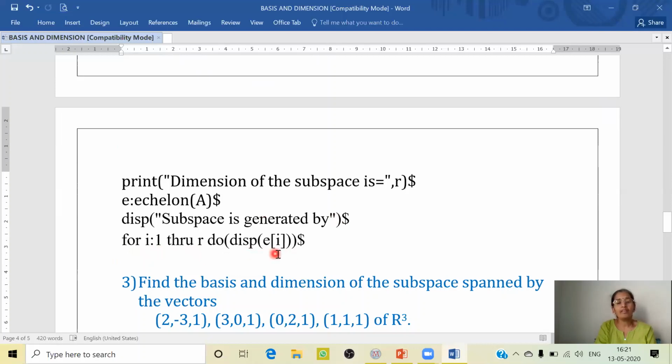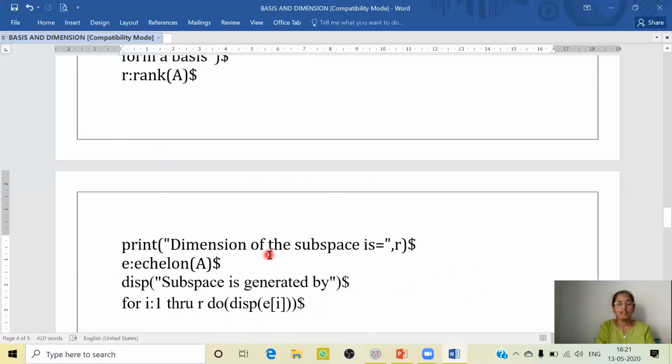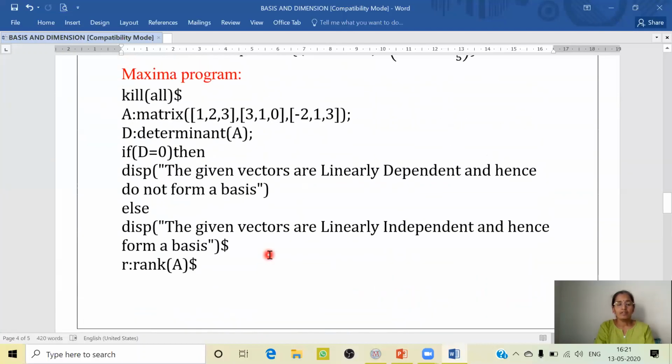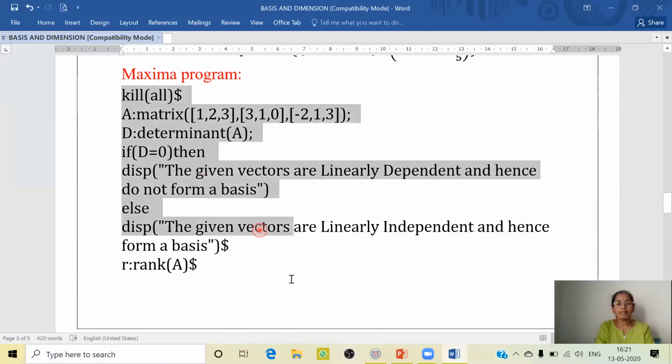For i equal to 1, we get the first non-zero row. For i equal to 2, we get the second non-zero row. Likewise, for i equal to r, we get the rth non-zero row. So now let us check whether this Maxima code gives the output required.